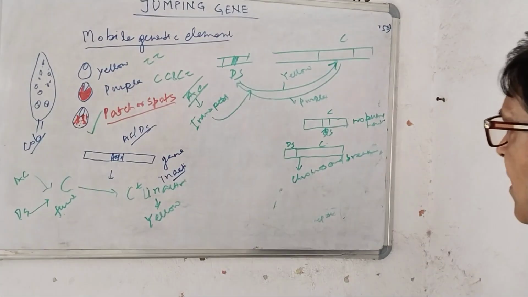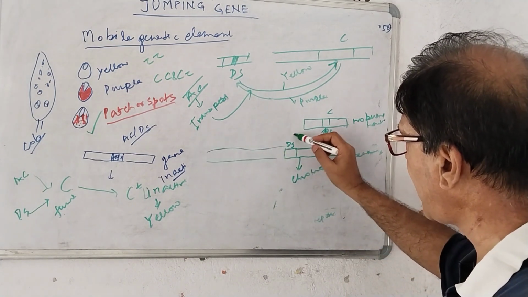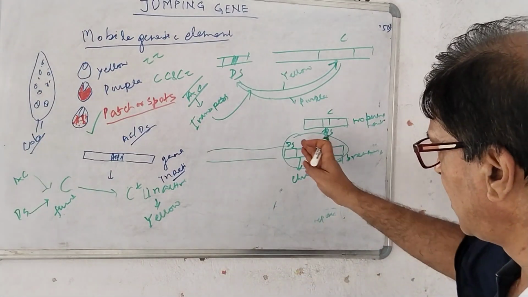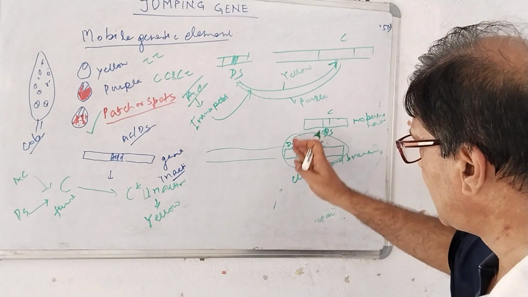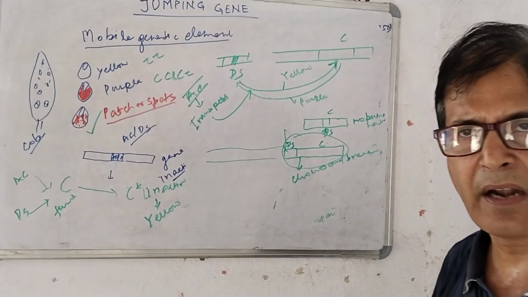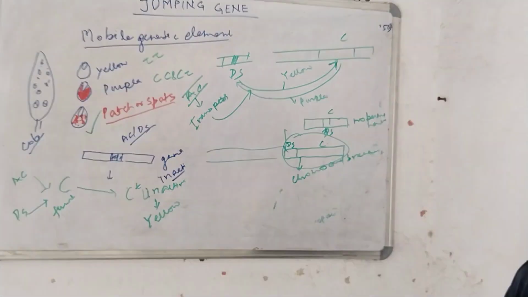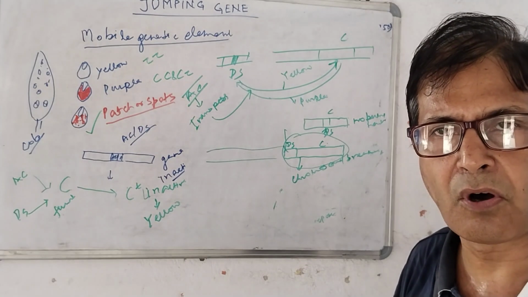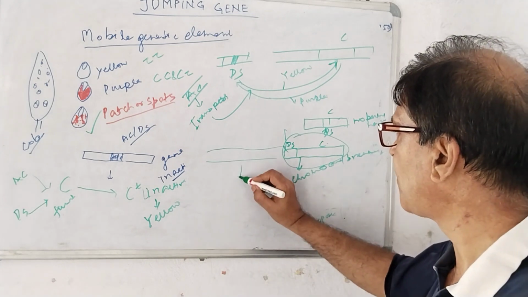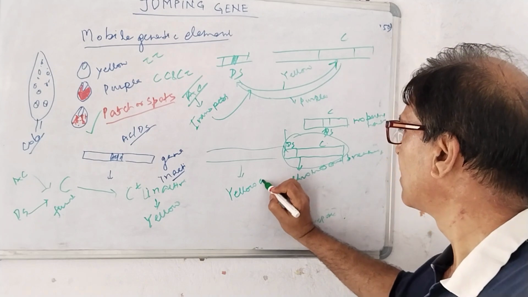Chromosomal breakage means that here is the chromosome, the remaining part of the chromosome, and this part will be lost because it will introduce a breakage at this point, and after the loss of this segment, because the gene is gone now, you will always find yellow color.